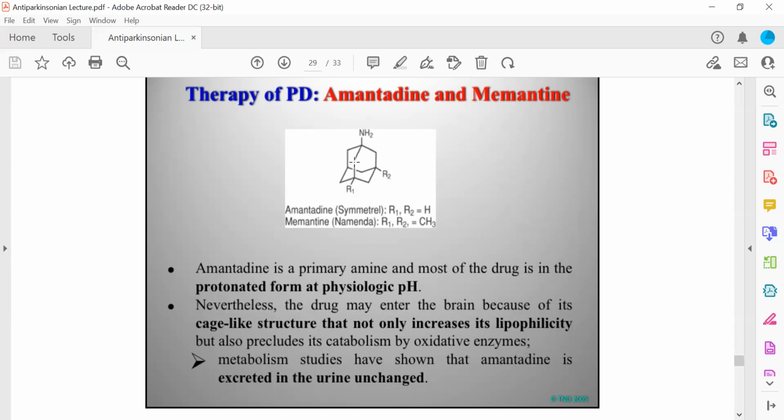It increases the lipophilicity so that the logP is more than 2. So even though you have a primary amine, this drug is still lipophilic enough to cross the blood-brain barrier. That is quite an important thing to note, of why this drug can still cross the blood-brain barrier even though it has the primary amine.